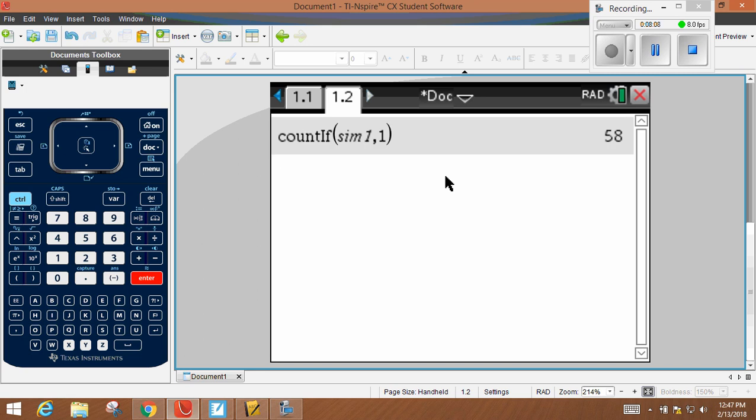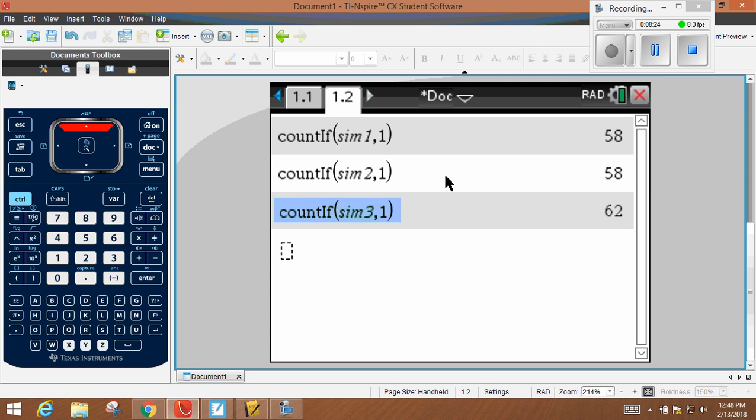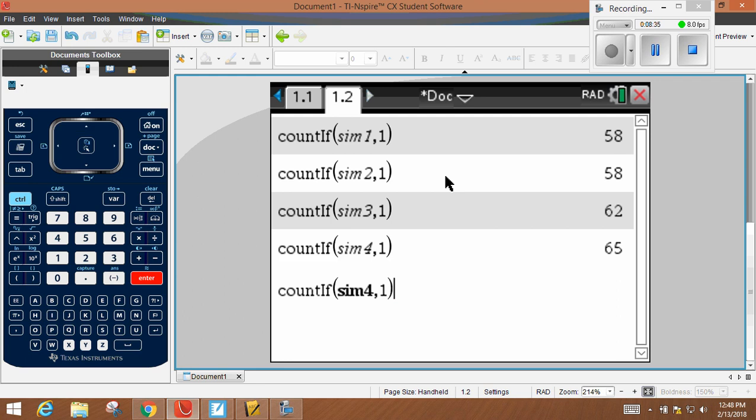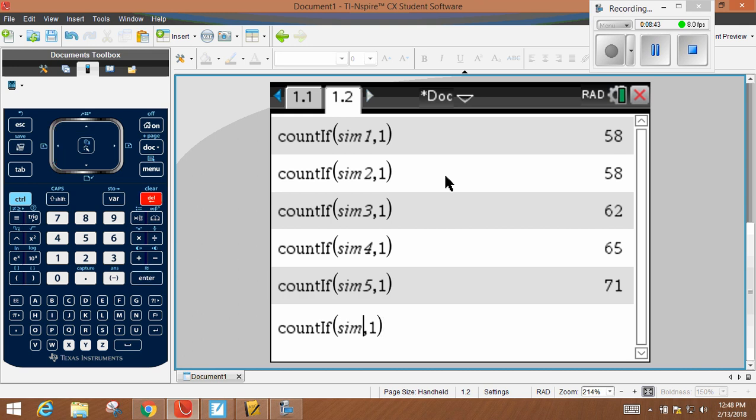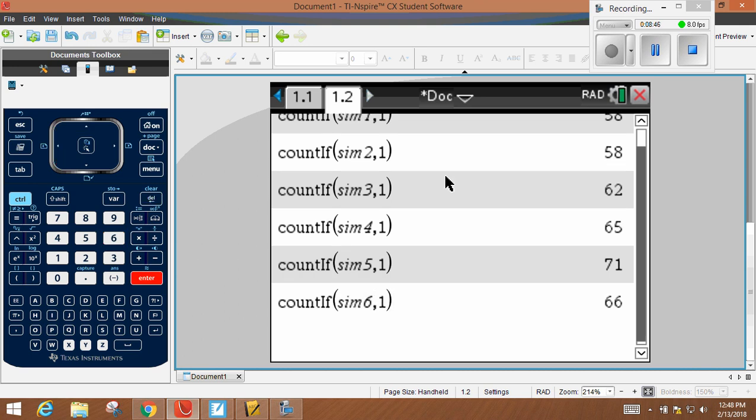So I got 58, and then I can go up and change that to sim2, sim3, sim4, and go up again. We're going to count up the ones in sim 5. Not very exciting to watch, but it's a pretty cool process we're going through.